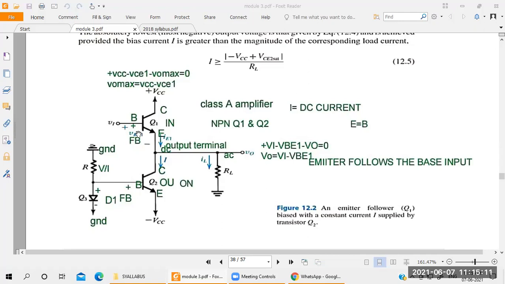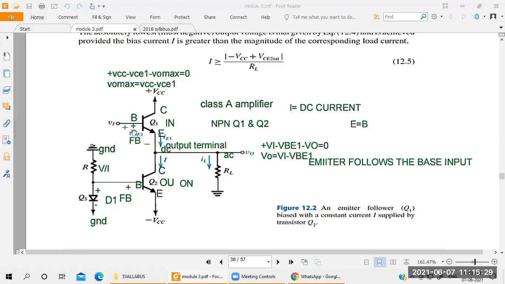If you apply VI as a positive cycle here, then Q1 becomes on. When it is on, the collector voltage goes to the emitter, which is the output for Q1. Then it goes to the output of the load resistance.